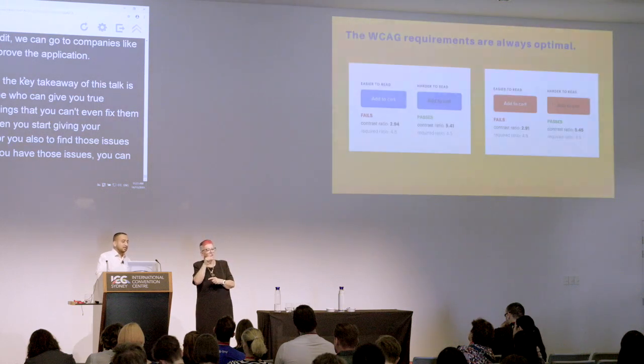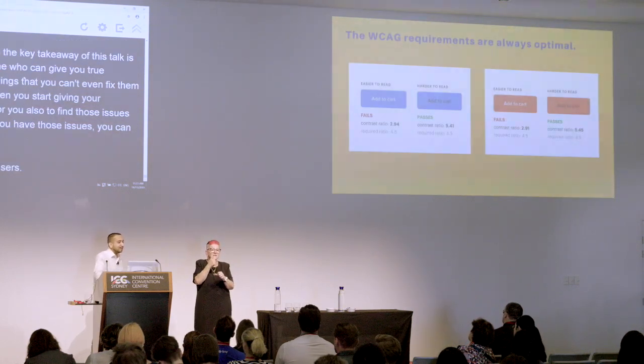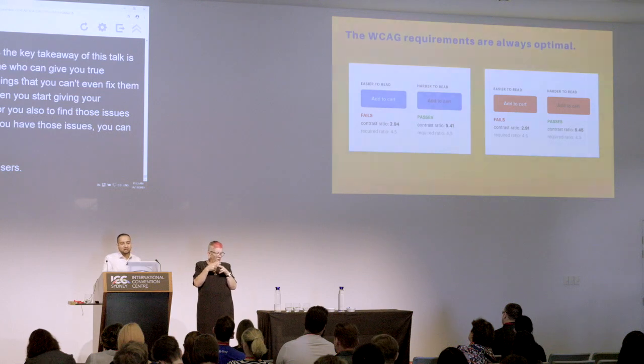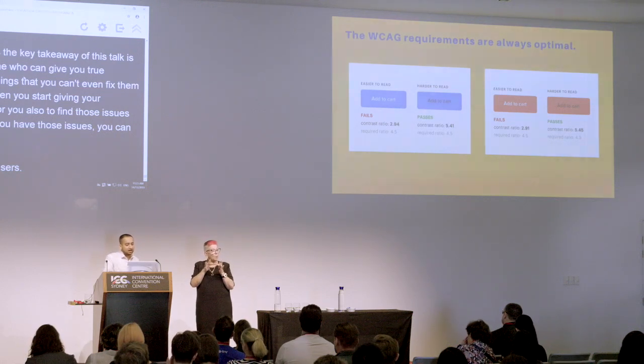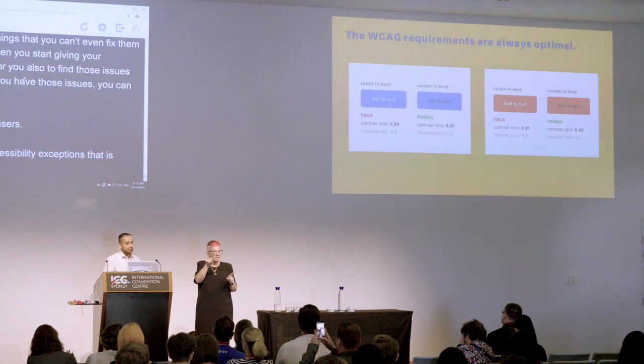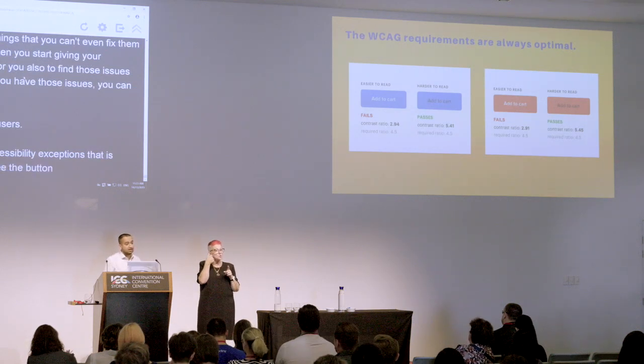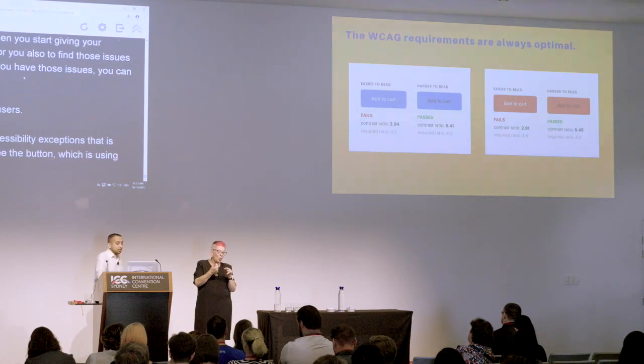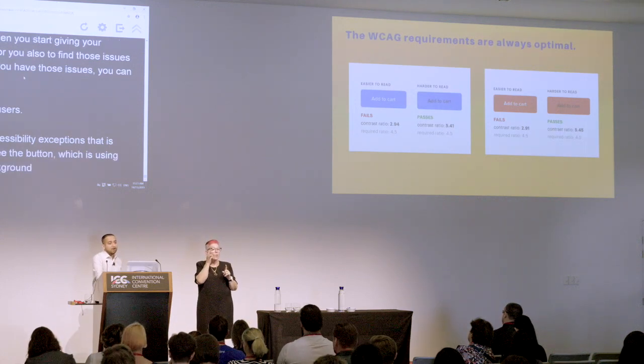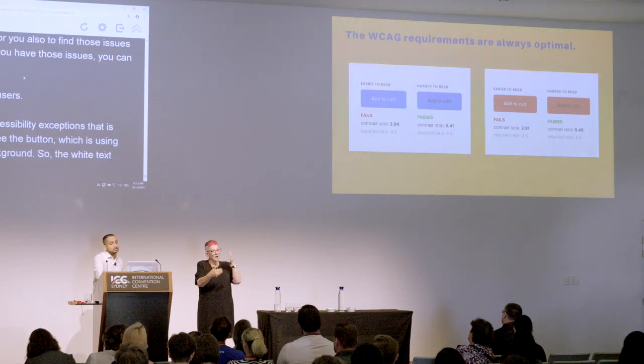And you can get all the exceptions from actual users. For example, this is one of the accessibility exceptions that is trending these days on the web. You see a button that uses white color as text, with blue and red backgrounds. The white text button is failing the contrast ratio in the WCAG requirement, while the black one is passing.